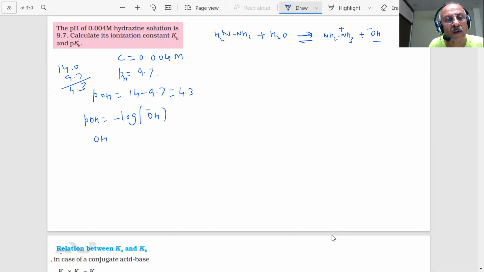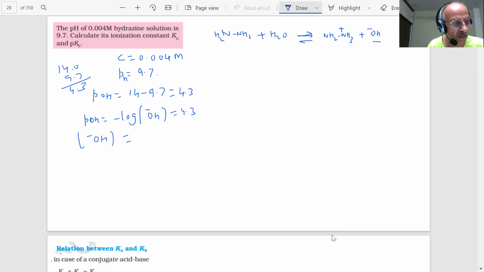Then you can find the value of OH minus from here, students. Sir, we can also find the value of H plus. You can find anything, no problem. You have all the formulas with you. Whatever is easy, you can do that, students.